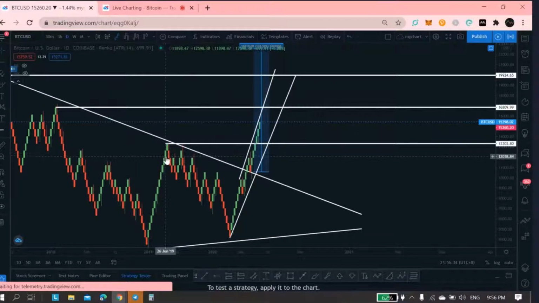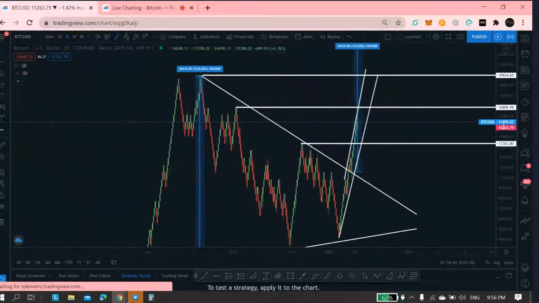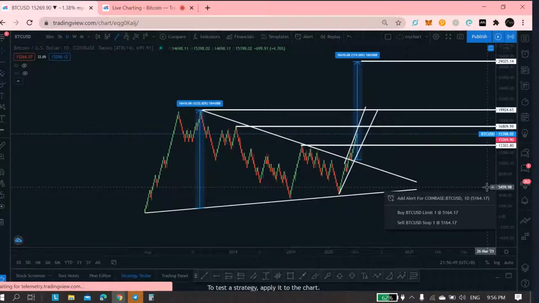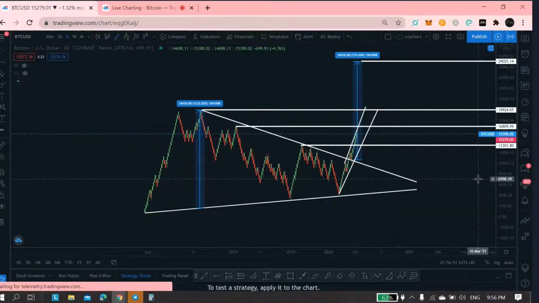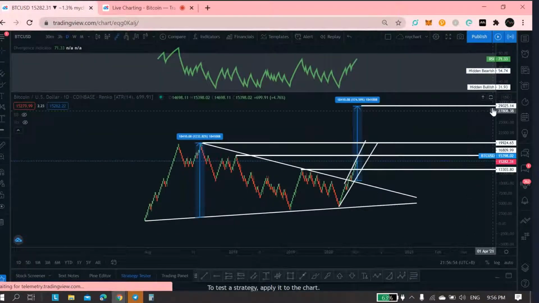The height of each Renko chart is around, what's that, 700, 699.91. So let's just round it off to 700. So where it is now, it's 15,281.